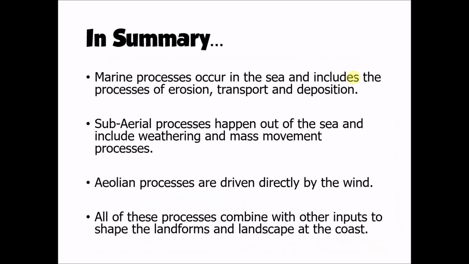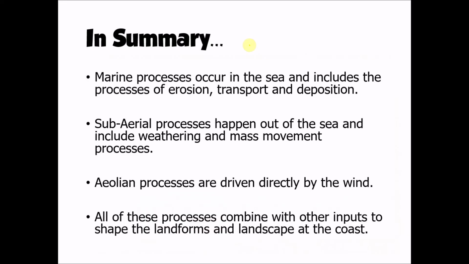So in summary then, we've got three different types of processes operating along the coastline. We have marine processes which are occurring in the sea, and that includes processes of erosion and transport and deposition. We have subaerial processes which are happening out of the sea on the land and include things like weathering and mass movement.